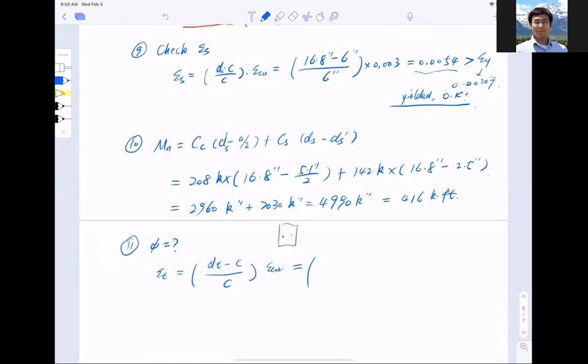Remember, this is how the bar looks like, if you forgot. So dt is h minus 2.5 inch. Now that's 20 minus 2.5 inch equal to 17.5 inch. All right, so 17.5 inch minus 6 inch divided by 6, multiplied by 0.003.